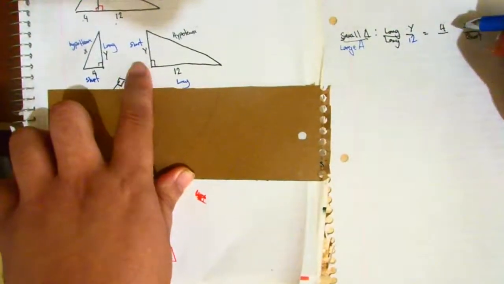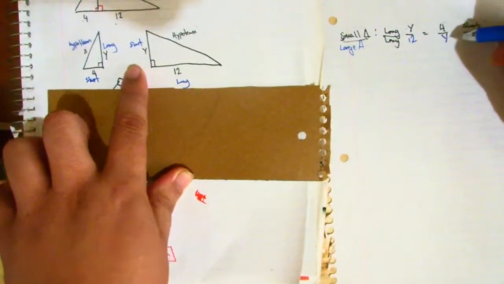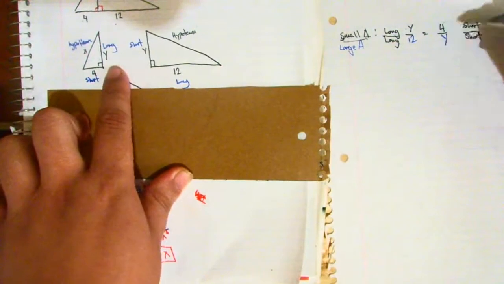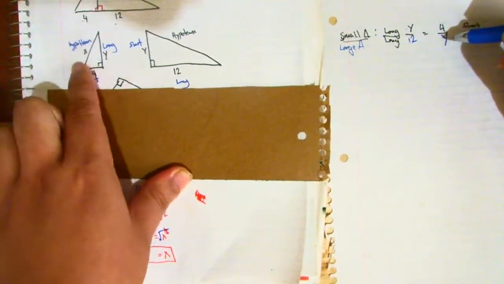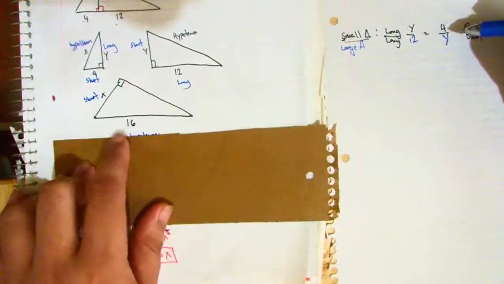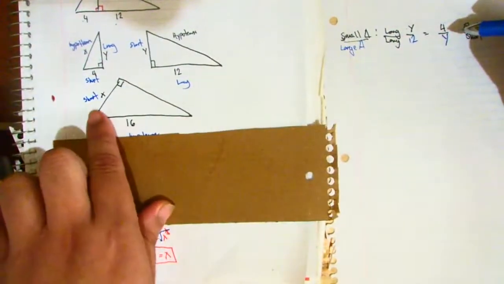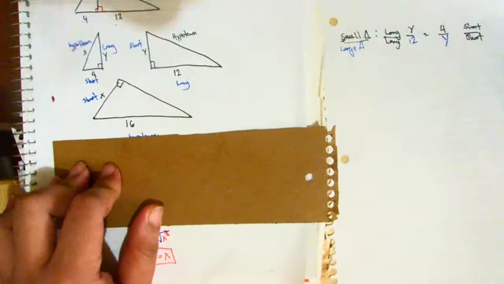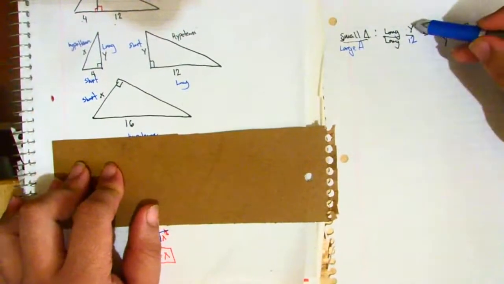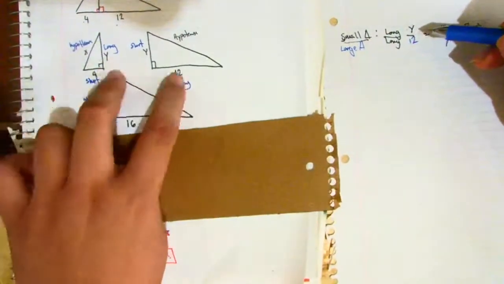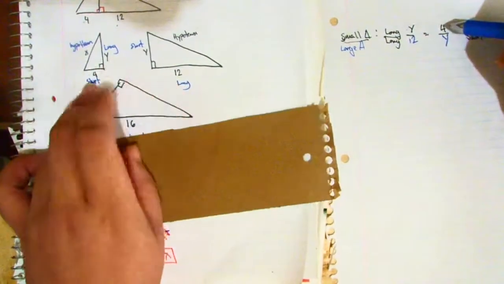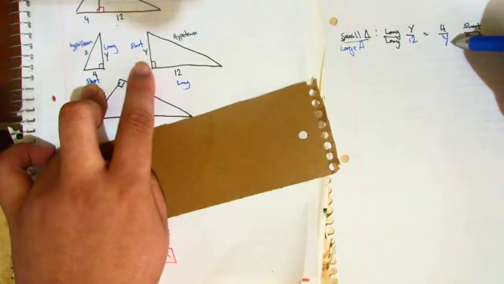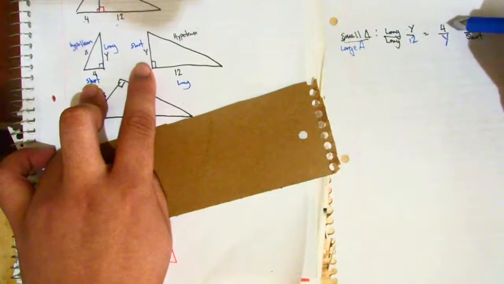The short leg's value is y as well, which is fine, even though they both have y's, as long as I'm dealing with the same variable, unlike the whole triangle, which has the variable x. So here I have y over 12, with y as the long leg, and 4 here, and this y represents the ratios for both of the triangles.